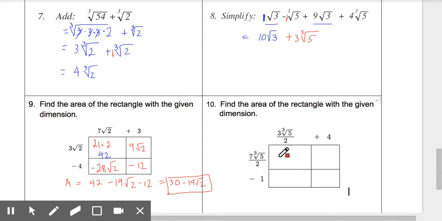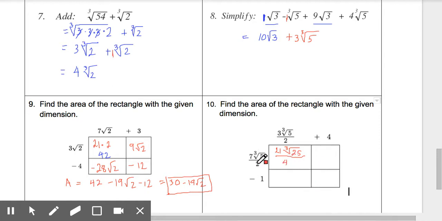All right, last one. So to find the area of this rectangle, we multiply this expression by this expression. So we have two fractions, so you multiply the top by the top, bottom by the bottom. So 7 times 3 gives us 21. Cube root of 5 times cube root of 5 is cube root of 25 over 2 times 2 is 4.